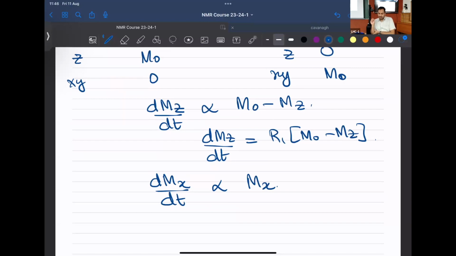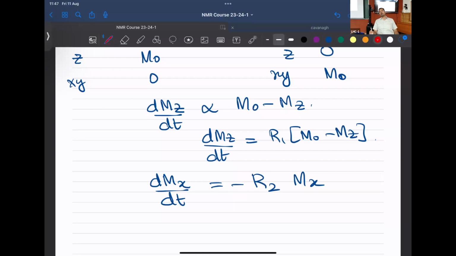I think I missed a minus sign here: 0 minus. Right, exactly. Your equilibrium was 0 and then whatever you have, so therefore you get a minus sign. And he called this proportionality a different proportionality constant, which is R2.